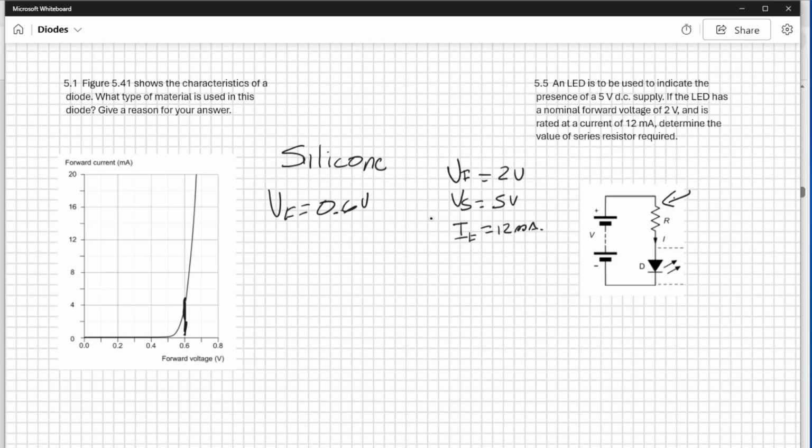So based on that, let's calculate the current limiting resistor. So R is equal to the voltage of the power supply minus the diode forward voltage over the current. Alright, so let's plug in the numbers. That will be 5 minus 2 over 0.012.